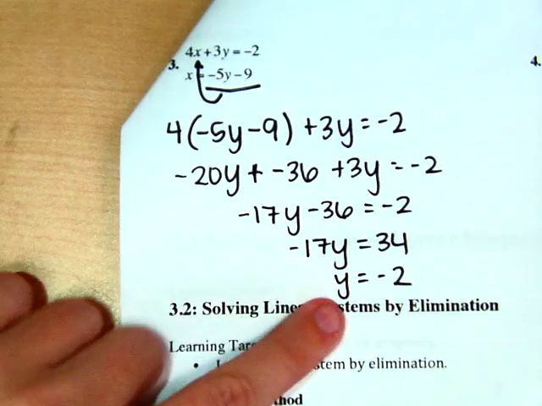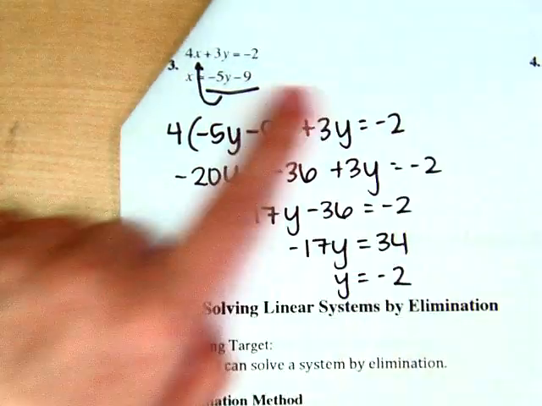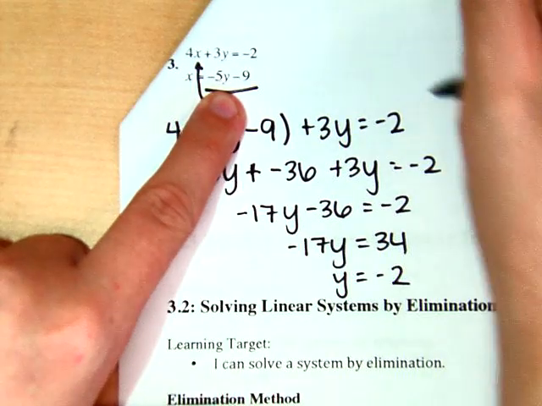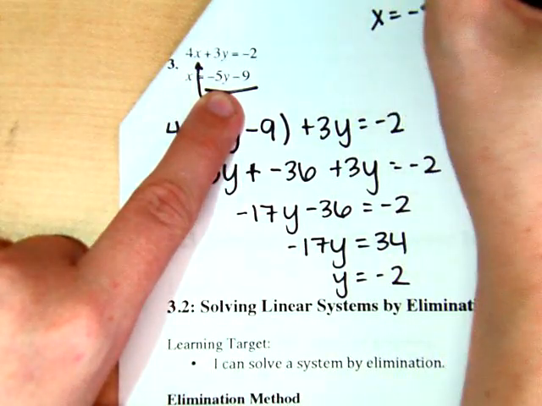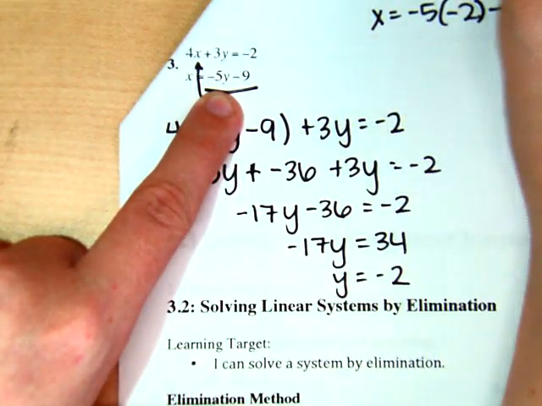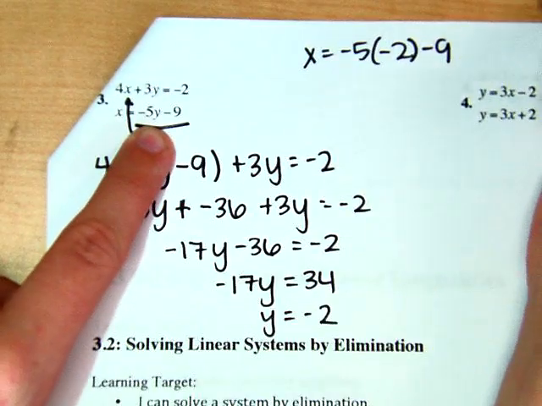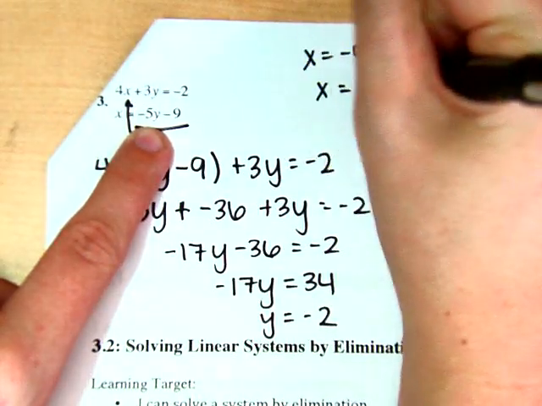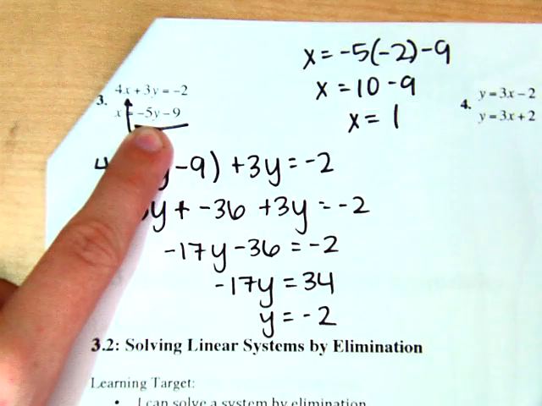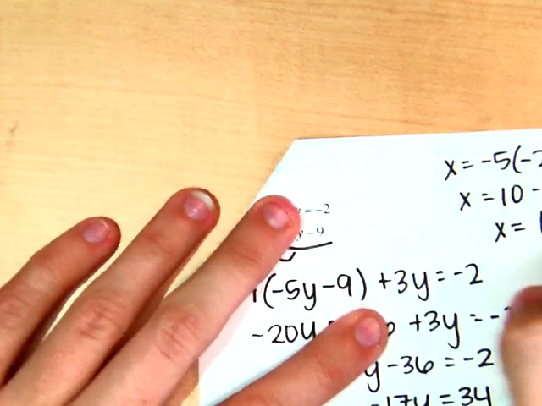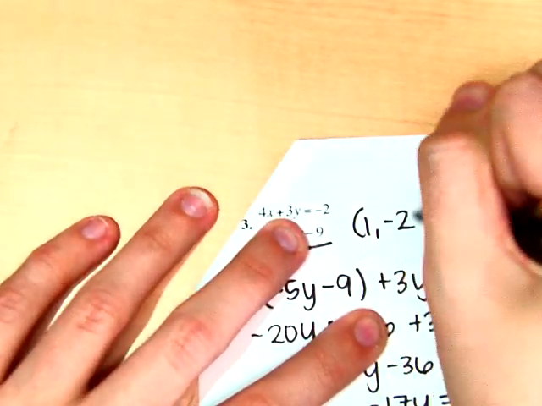Once I'm done solving that, I got y equals negative 2. Now we're going to plug it back in to here. So I have x equals negative 5 times negative 2 minus 9. So I got x equals 10 minus 9, and I get 1. So my solution, remember, is an x and a y, so it would be 1, negative 2.